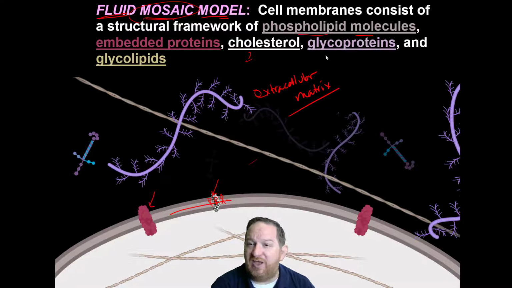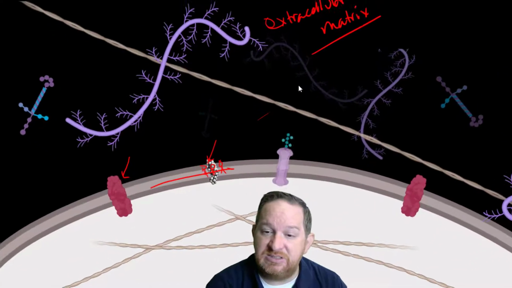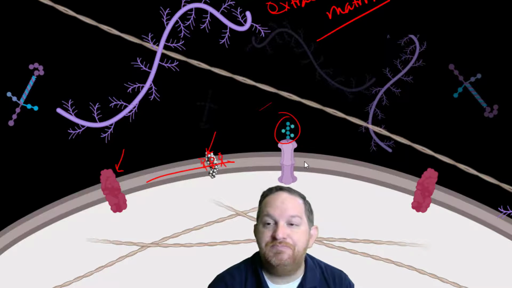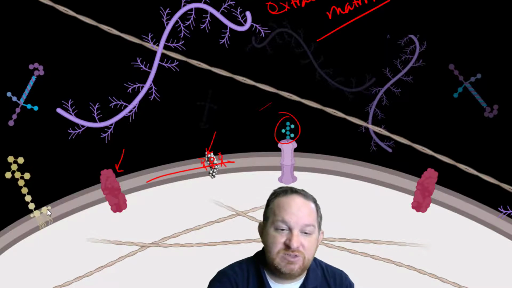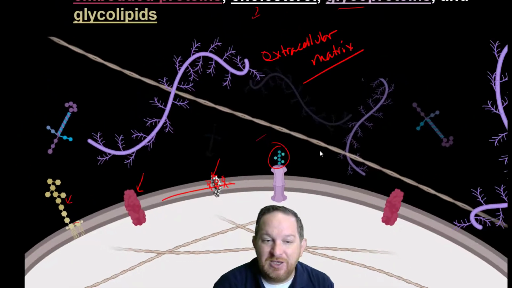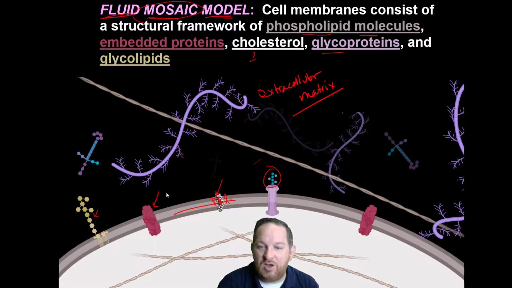We also will find glycoproteins. So if you break down the word, glycoproteins, kind of a sugary protein, right? So you see a protein here, it may have a sugar receptor or something on it. And then glycolipids as well. So in this case, you might see some lipid parts here that are anchored in the membrane, but it has some sugary things out here. So if you think about what's going on, what are all these things?